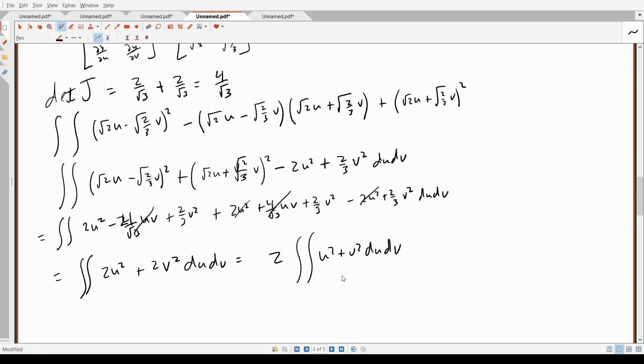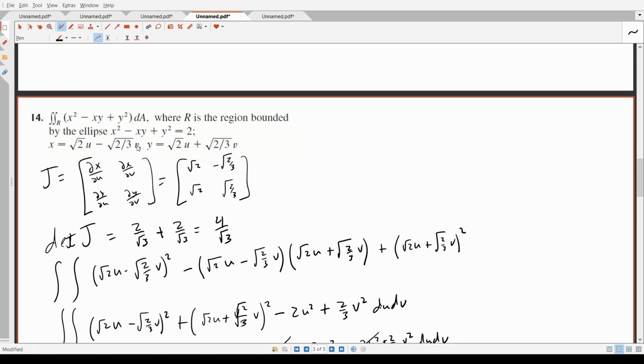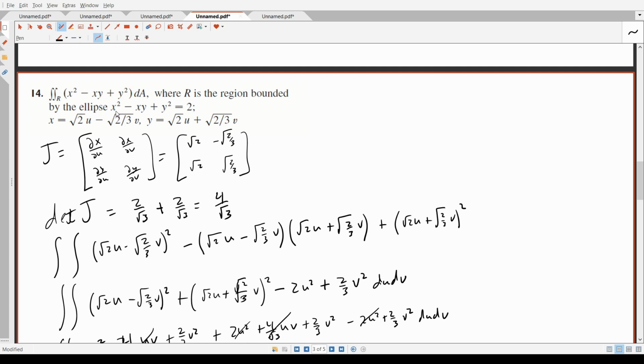So this looks like it might at the end give me polar coordinates to work with, especially since I'm working with an ellipse. But let's go ahead and see what this region corresponds to. Okay, so here notice this thing, it's exactly the same as what I have inside the integral.